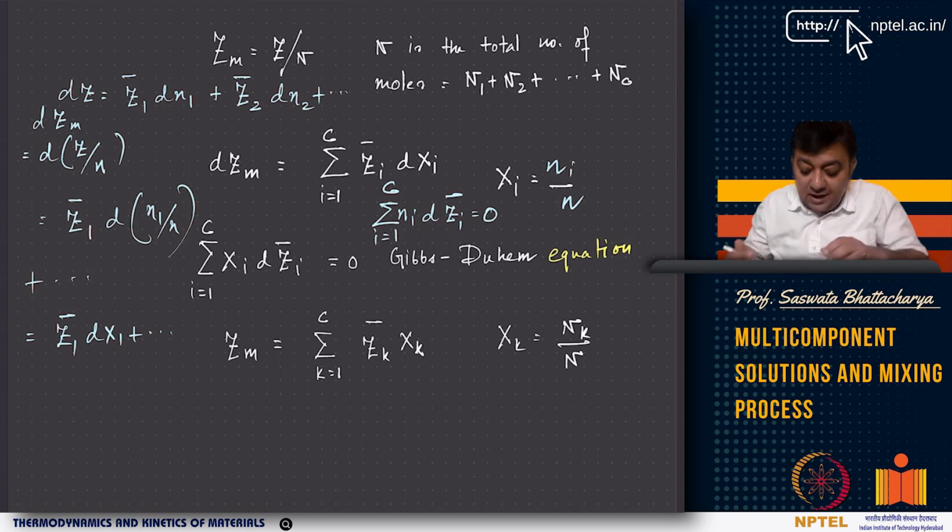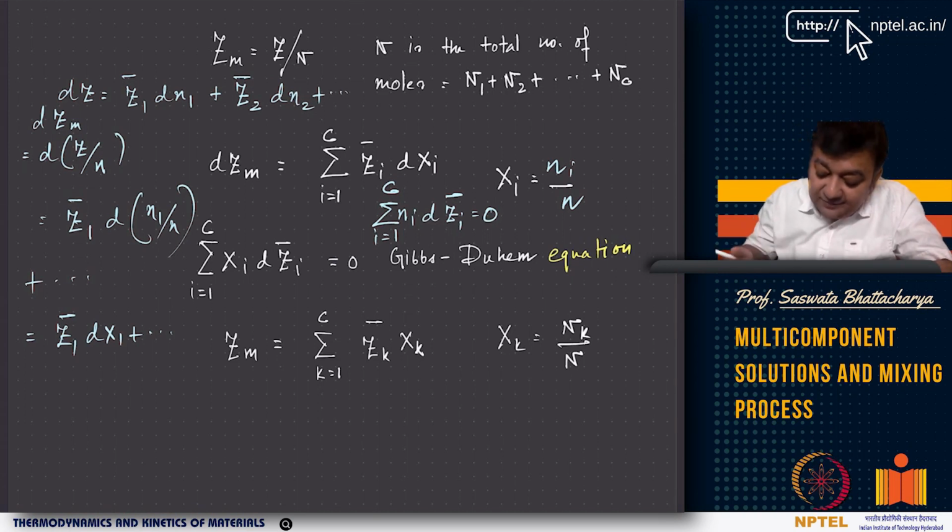And again, Zm can be written in terms of Zk bar. So you have Z equals N1 Z1 bar plus N2 Z2 bar and so on.